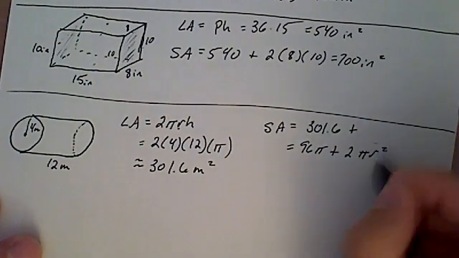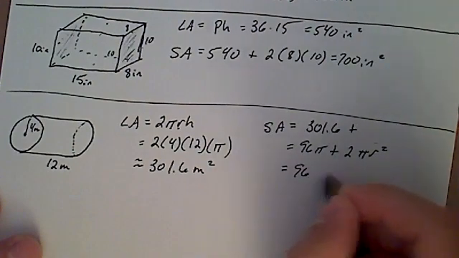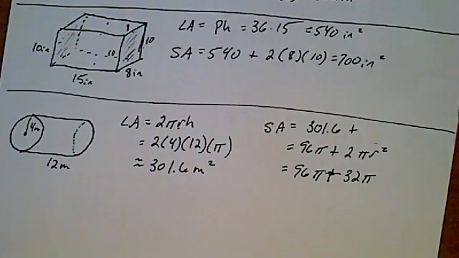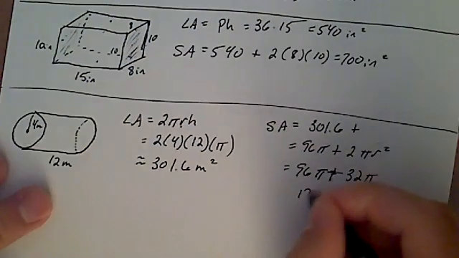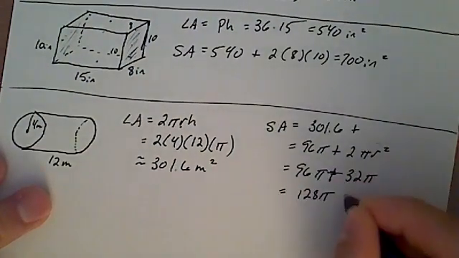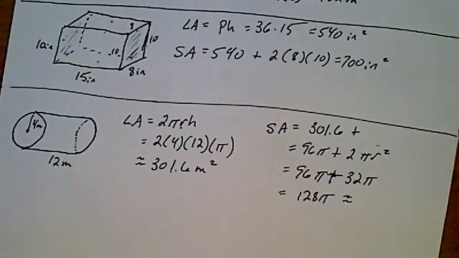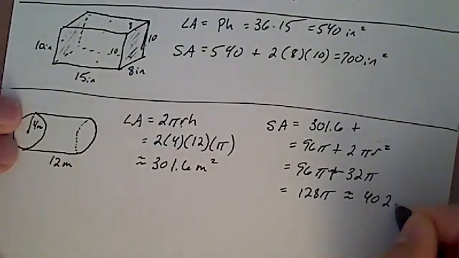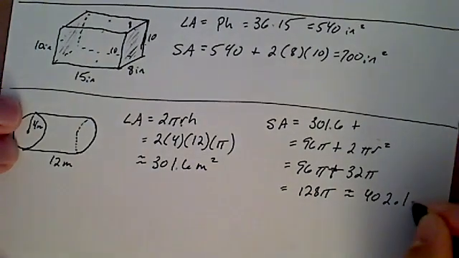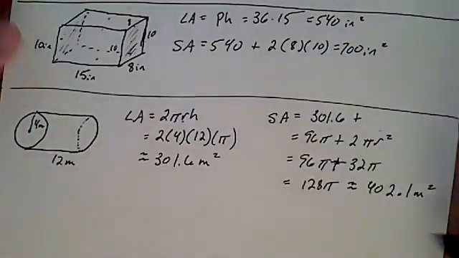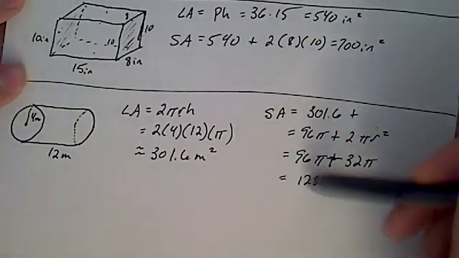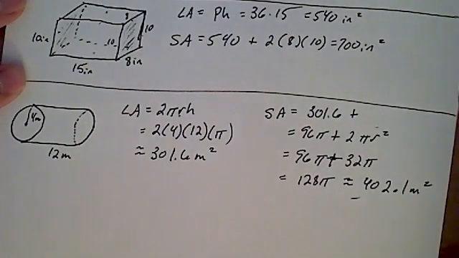R is 4, so we get 16 times 2, 32 pi. 96 pi plus 32 pi gives us 128 pi. And then rounding just once, rather than rounding twice, where we might get off by a tenth somewhere, it's about 402.1 meters squared. Chances are, if you didn't do that, rarely is it going to actually affect your answer, but it is better to do exact until we're rounding at our answer.